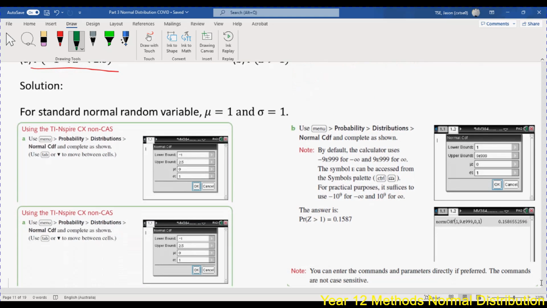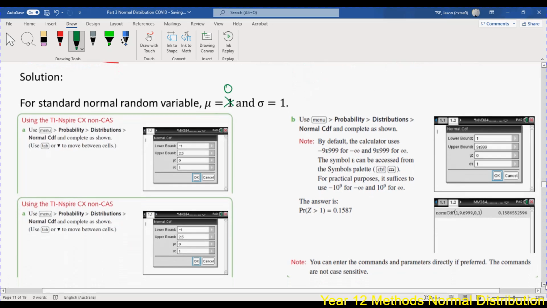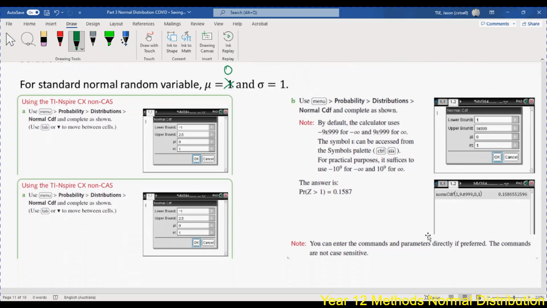For a standard normal random variable, mu is 0 and sigma is 1. Then you need to use normal CDF, and there will be a lower bound and an upper bound for you to put in.